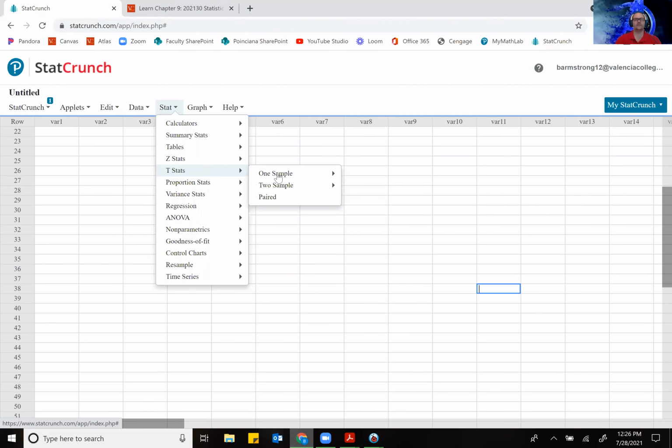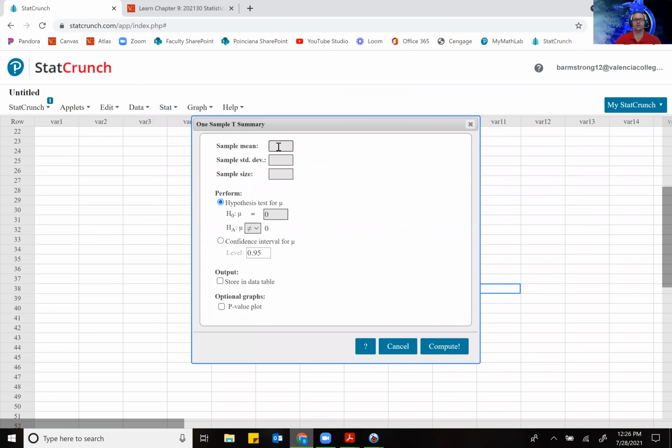We're doing a one sample, and this is with summary because they gave us all the information we need. What's the sample mean? 3.55. Standard deviation, sample size, 12, and you're doing a confidence interval.